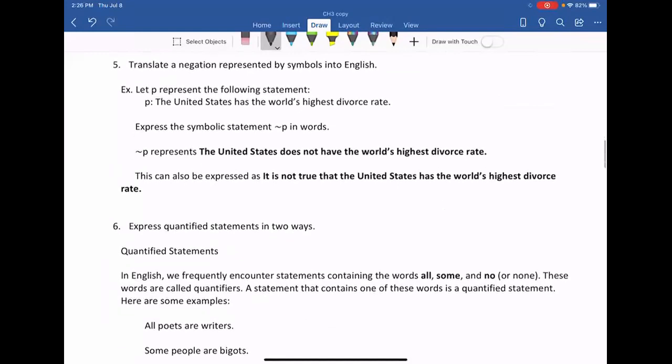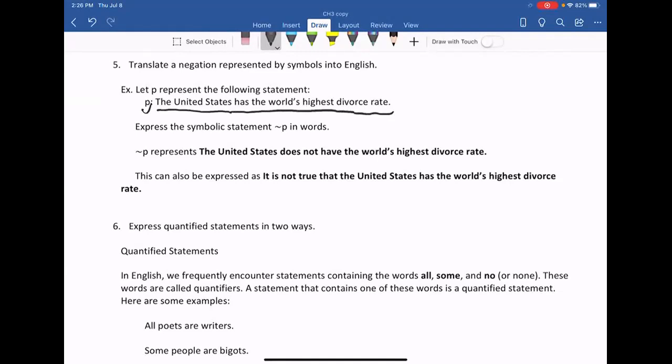Next one, part 5. Translate a negation represented by a symbol into English. Right now, I give you a symbol, and you translate it into English words. How to do it? Let's see. The first one, P is the United States has the world's highest divorce rate.